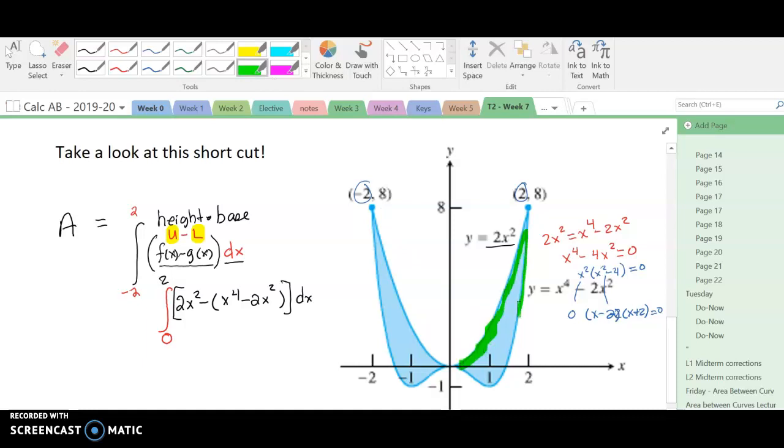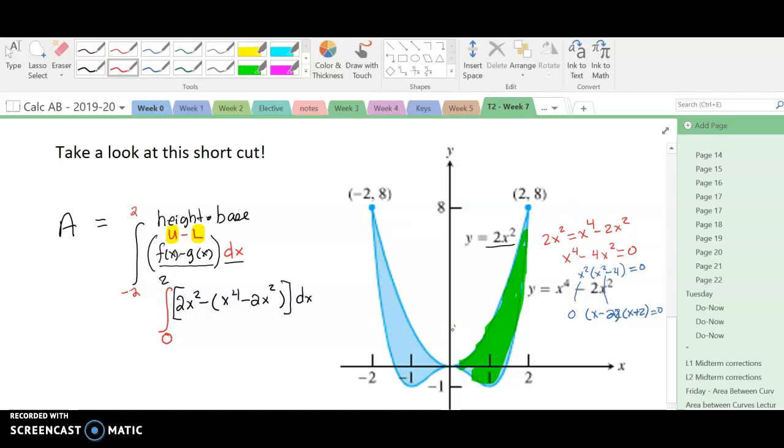This green area is symmetric with this yellow area. And so instead of going from -2 to 2, I could turn around and say, I'm just going to look at the green area.